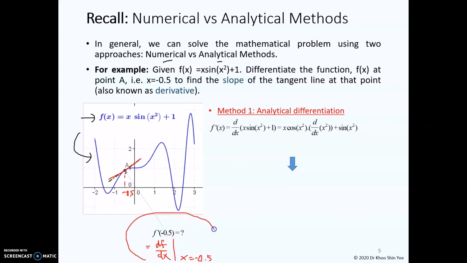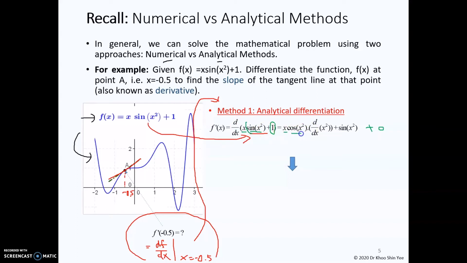You should be able to identify that this is known as the analytical differentiation. So we take the df, where your f function is substituted inside, divided by dx. Differentiate a constant 1 here, directly you obtain 0. Differentiate a product of two functions: we keep the first function x constant, then we differentiate the sin(x squared).